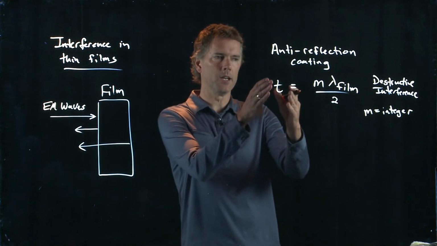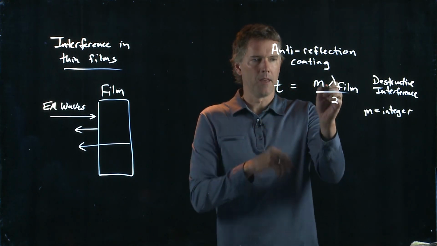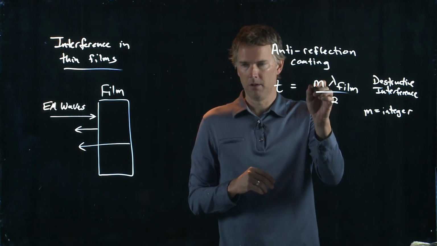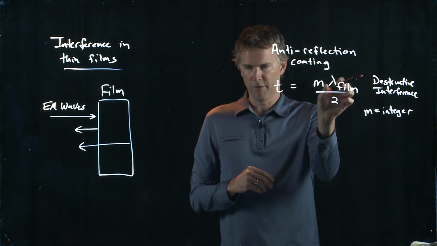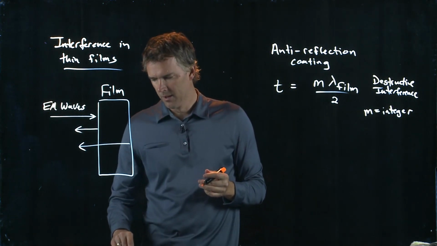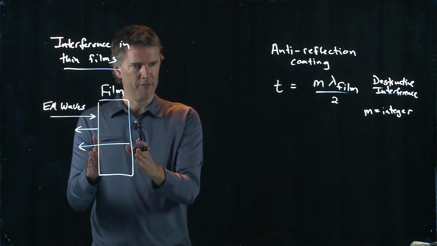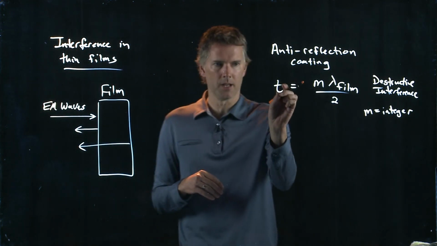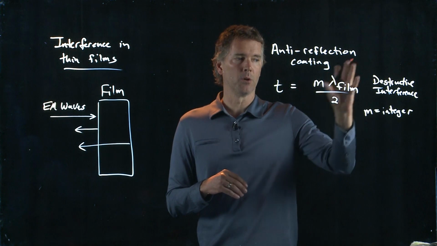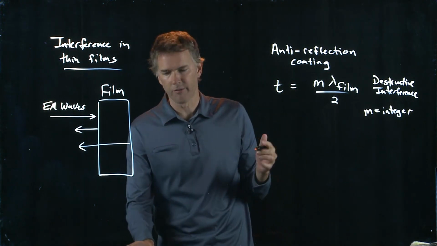And so when the engineers design the thickness on your glasses, they pick a certain M, they calculate lambda film, and this equation then tells you what thickness you have to have. But if we shift that film by just a little bit in thickness, all of a sudden it will go from destructive interference to constructive interference.